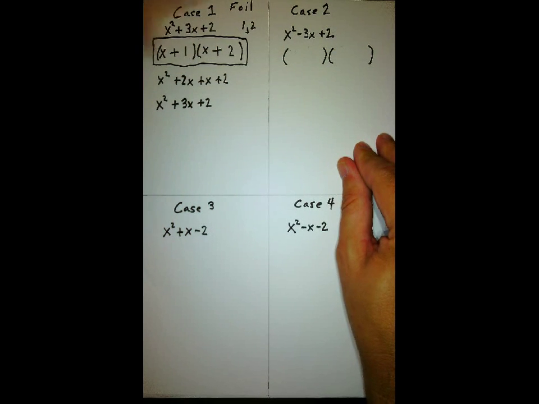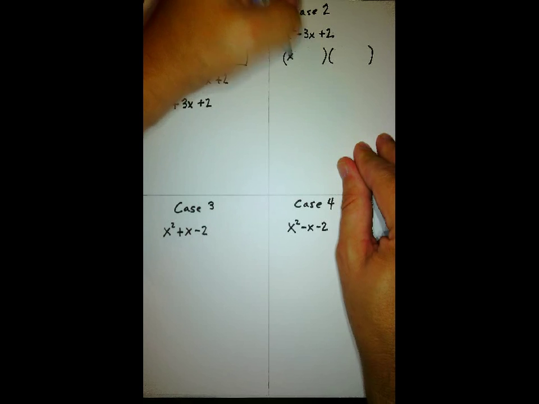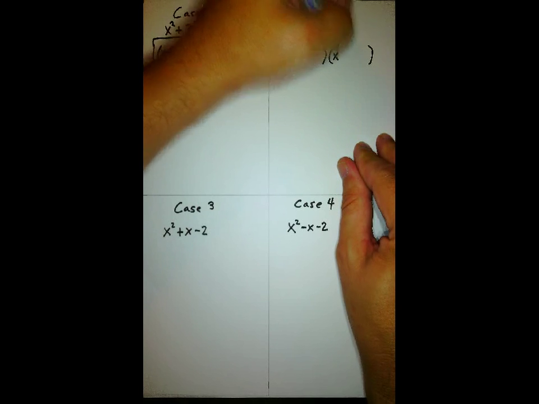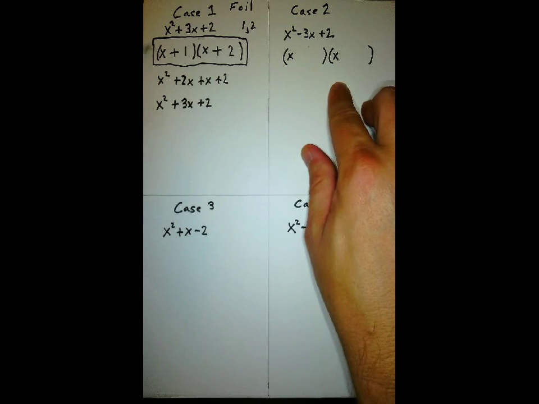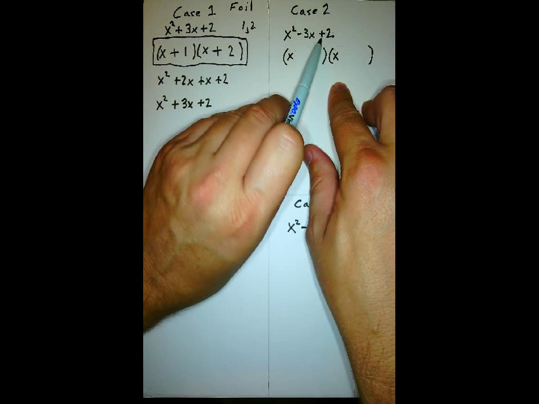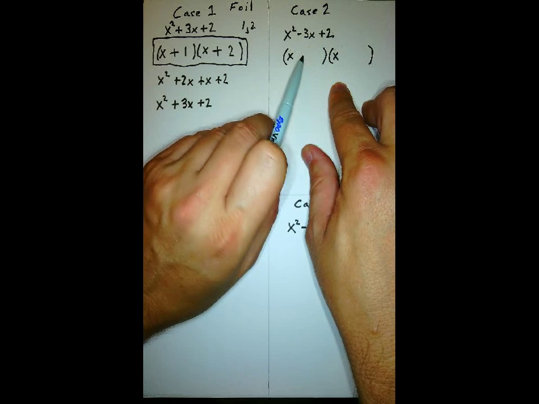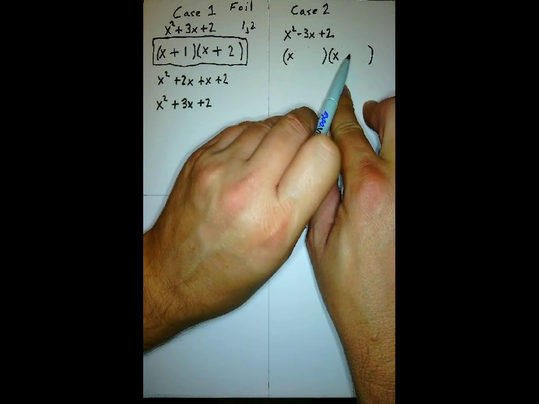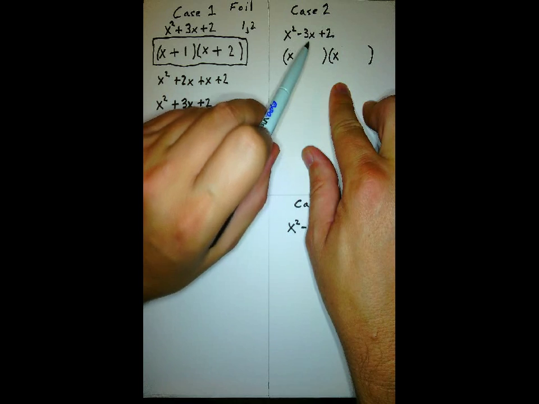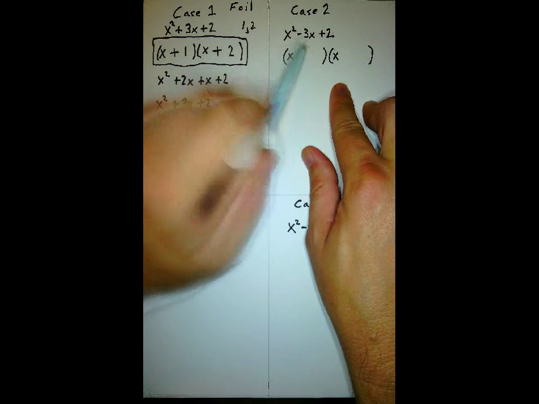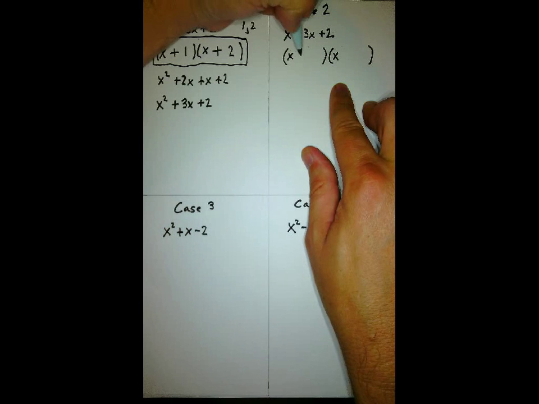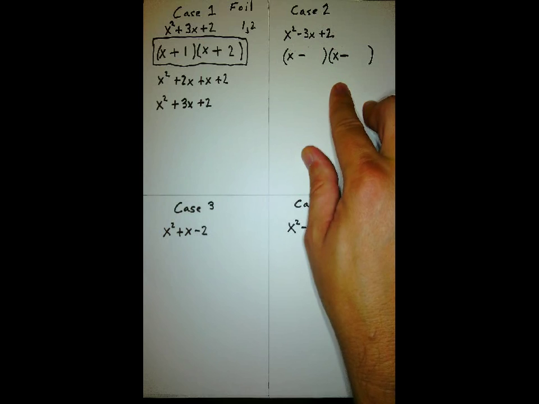Alright, just like case 1, we need an x and an x. Now just like case 1, our second sign is a plus, so that tells us this sign is going to be the same as this sign. However, unlike case 1, we have a minus here. So this minus tells us we're going to have a minus and a minus.